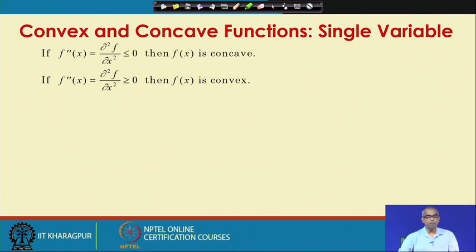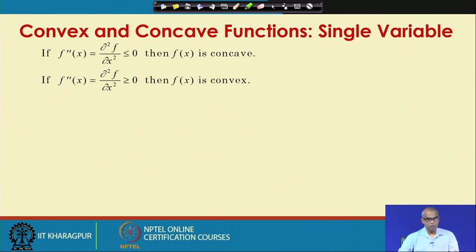When you have a single variable function, if the second derivative is less or equal to 0, the function is concave. So, for a function of x, if del square f by del x square is less or equal to 0, the function is concave.